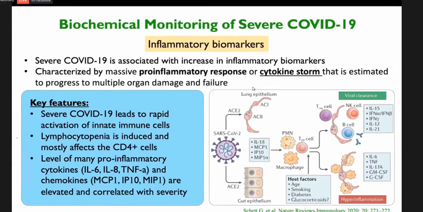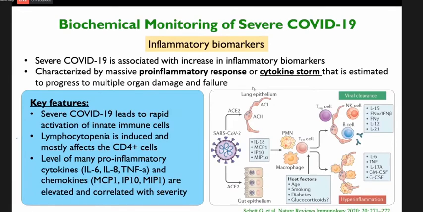Severe COVID-19 leads to rapid activation of the innate immune cells, and this figure shows how the cellular and humoral immune system is activated in response to SARS-CoV-2 infection, ultimately leading to hyperinflammation. The levels of many pro-inflammatory cytokines like interleukin-6, interleukin-8, or TNF-alpha, and also various chemokines, are elevated in severe COVID-19 cases.